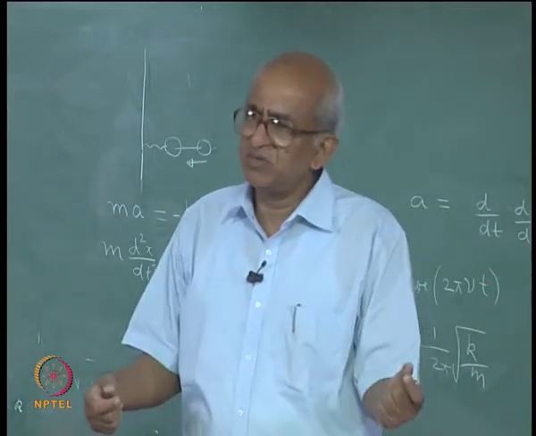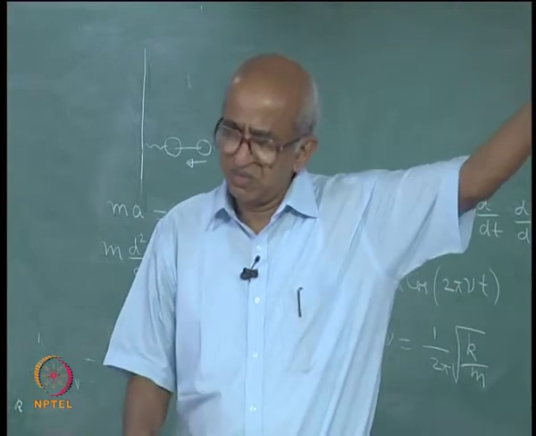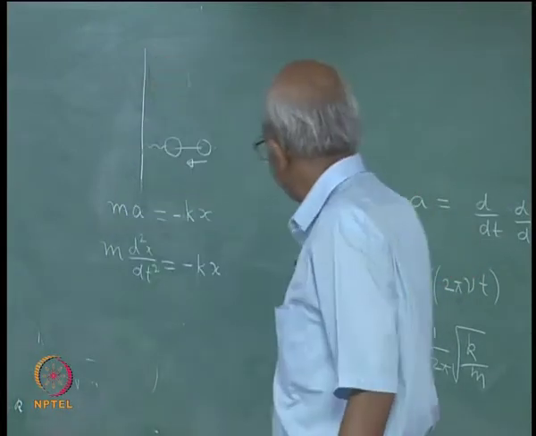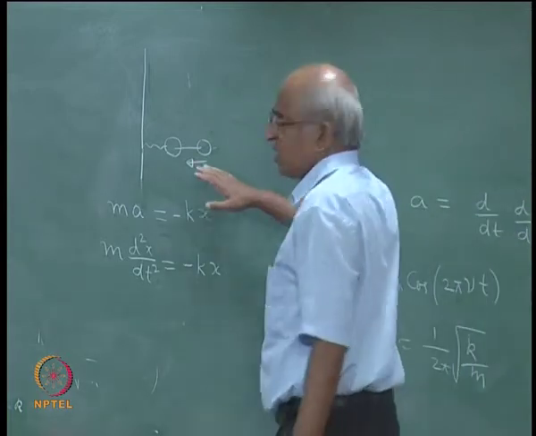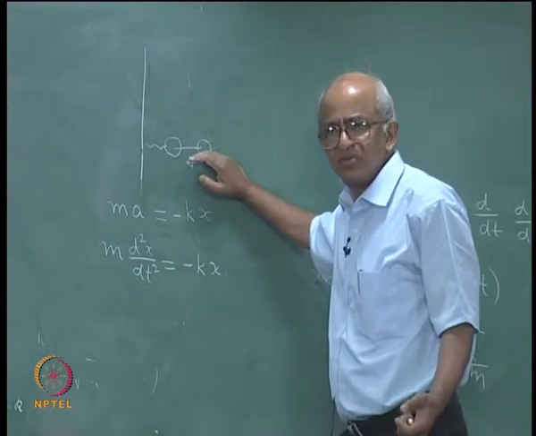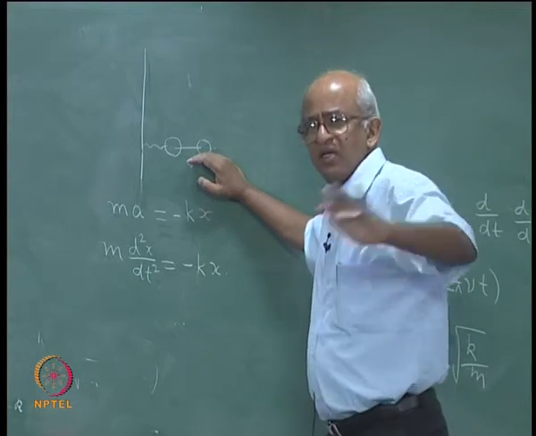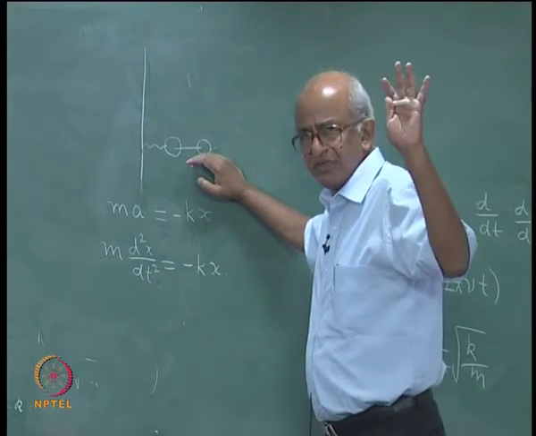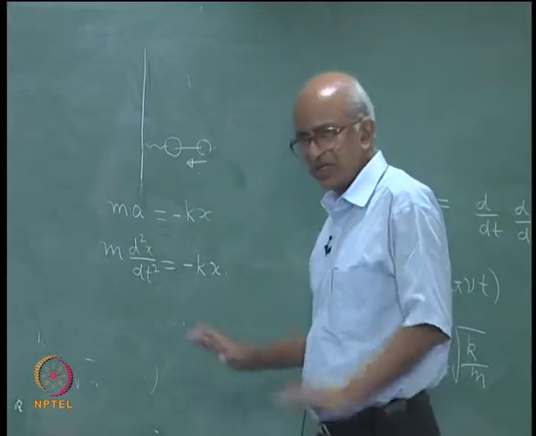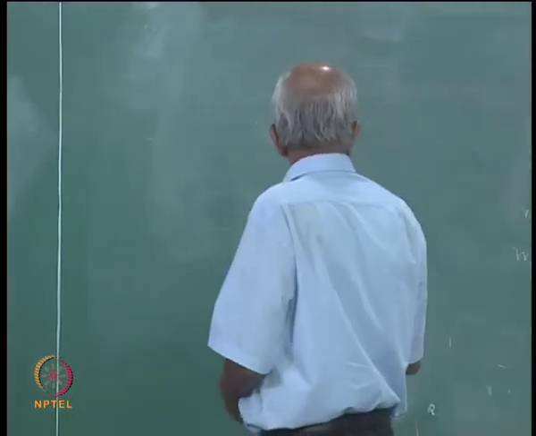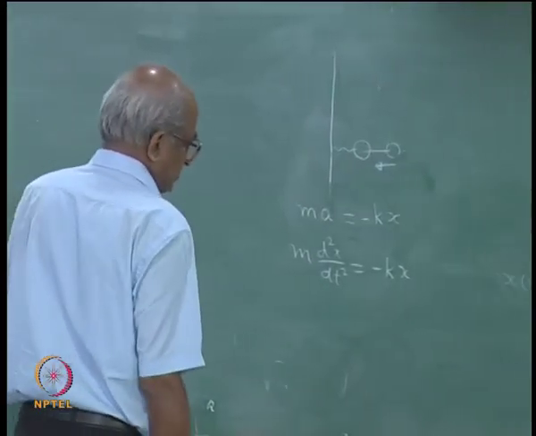If I displace it by a small amount, energy will be small. If I displace it by a large amount, energy will be large. Classical mechanically speaking, the system can have any energy from 0 to infinity, varied continuously. So, there is no quantization at the classical level; all energies are permissible.